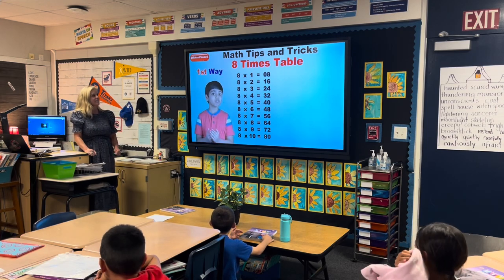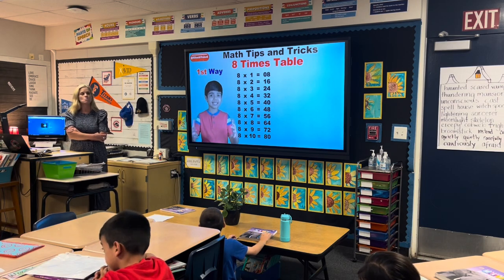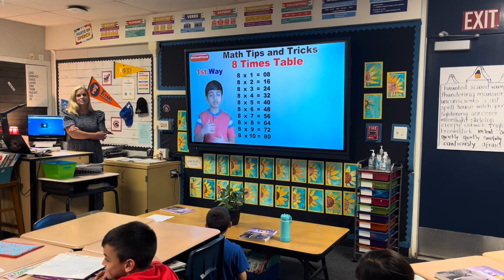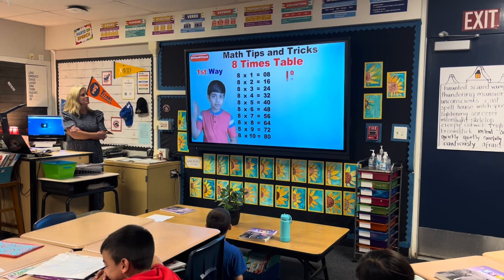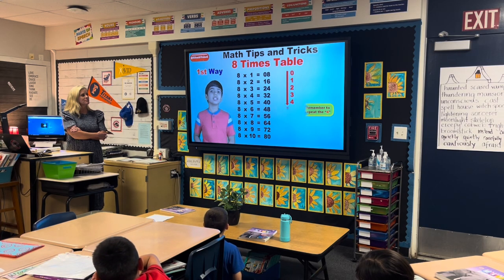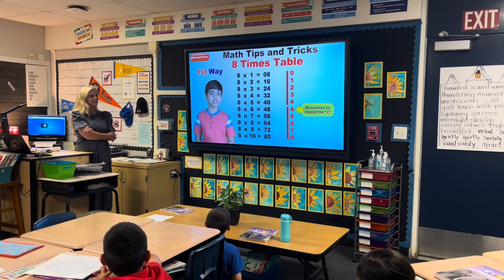Now, here's the first way of explaining the trick. As this is the 8 times table, write down all of the numbers from 0 to 8 from top to bottom, as you're seeing behind me right here. But once you reach 4, include an extra 4 and continue until 8.